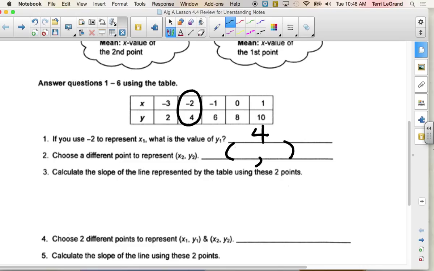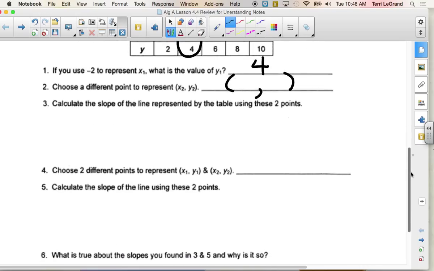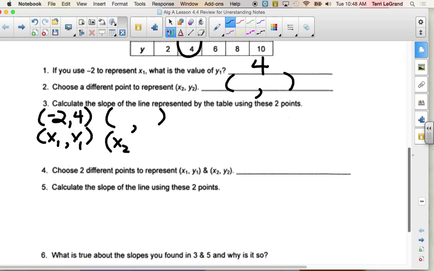And then you're going to come down here and say, okay, my first ordered pair, negative 2, 4, that is my x sub 1, y sub 1, and whatever I picked here, that's going to be my x sub 2, y sub 2, and then you're going to calculate the slope. You're going to go m equals, and substitute into our slope formula. We're going to see if we all can come up with the same answer, because we should.